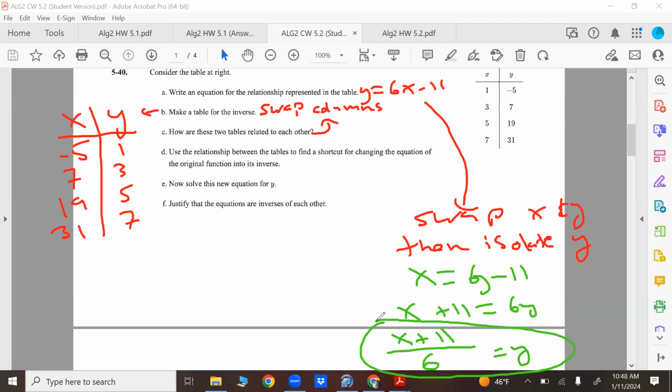And there you go. y equals x plus 11 over 6, which makes sense because you should be adding 11 to divide by 6.